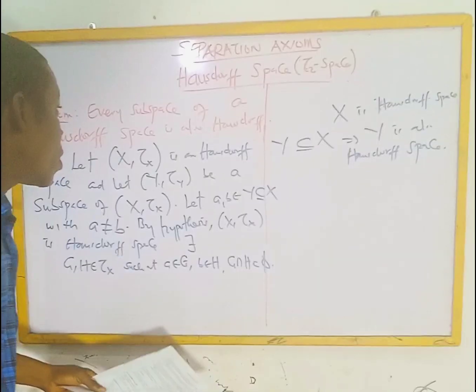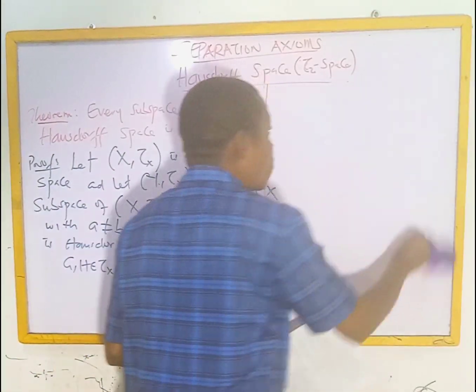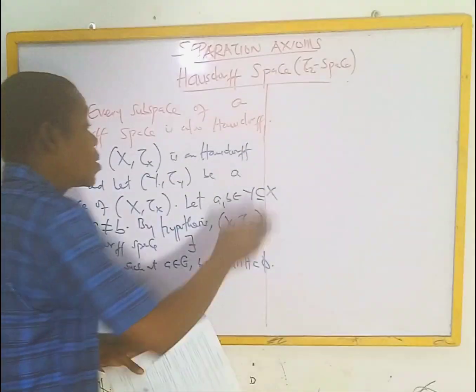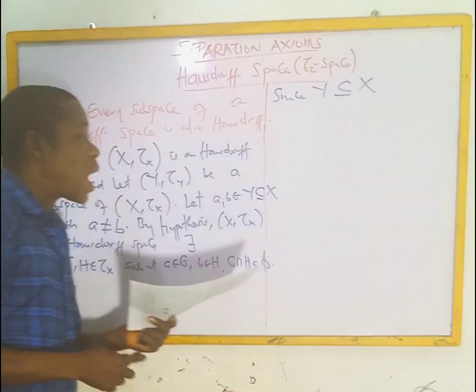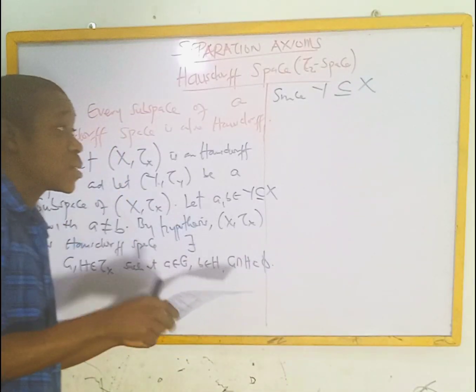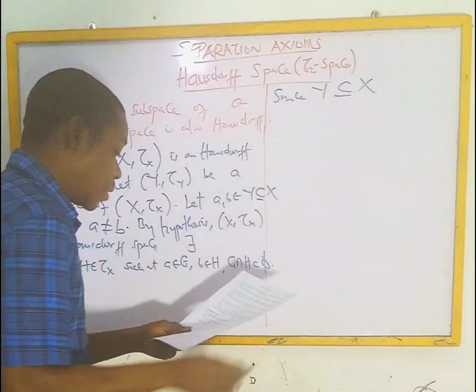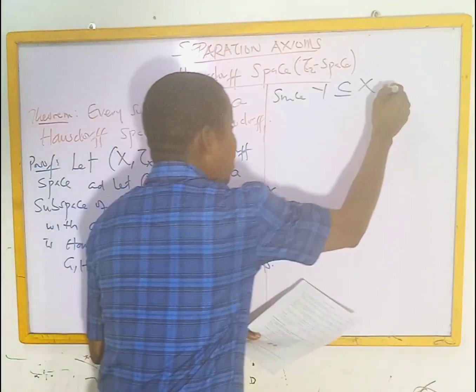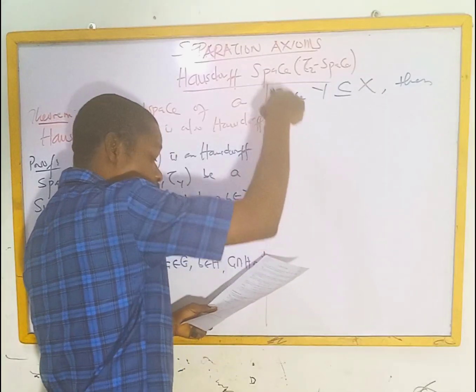Now, since Y is a subspace of X, you know the definition of a subspace or relative topology. Then I can have my open sets present in that one.